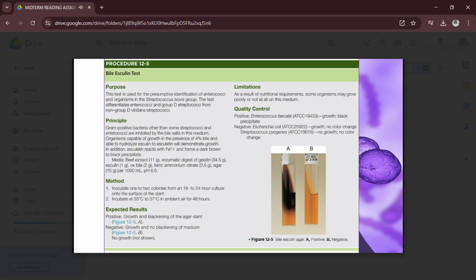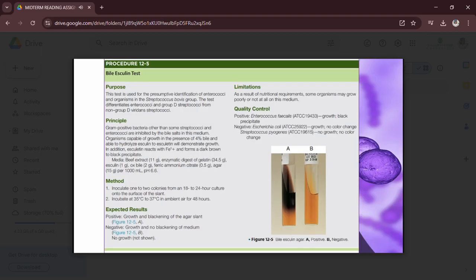Next, we have your bile esculin testing. What usually happens here, yung organism mo kasi dito, no, you want to identify if that is an Enterococcus or if that will be under the Streptococcus bovis group. So this test will mainly differentiate your Enterococci and group D Streptococci from the non-group D viridans Streptococci.